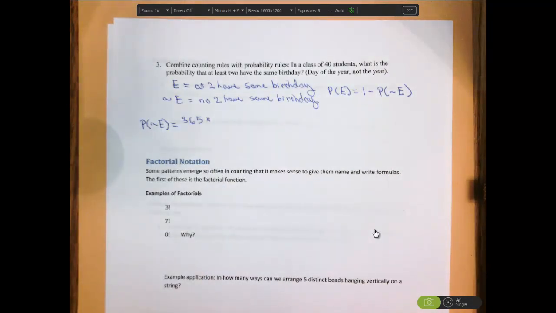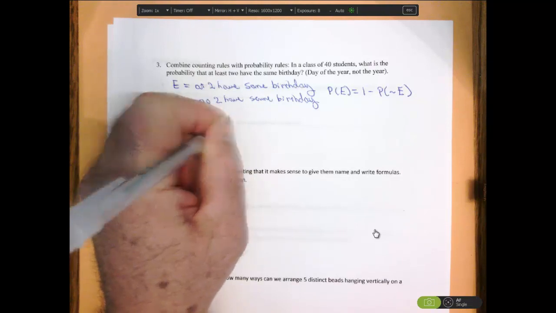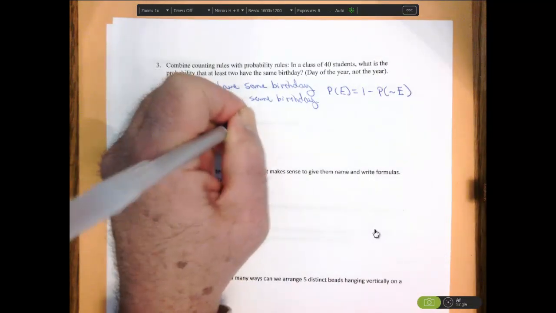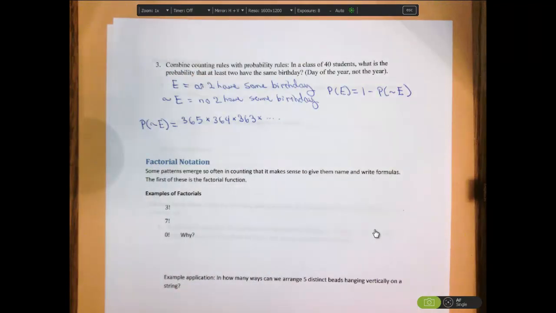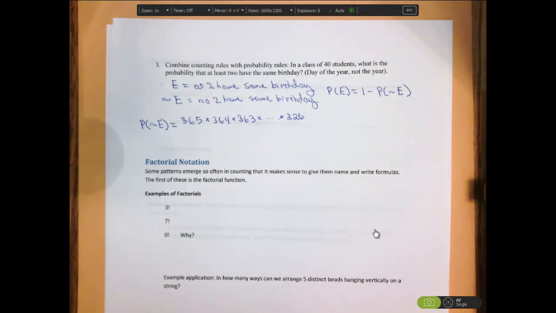Secondly, we're going to choose a second birthday, but it cannot conflict with the first one, so we have a total of 364 possible ways of choosing. For the third birthday, there are 363, and this pattern will continue until we have chosen a total of 40 birthdays. The last one will be 326.